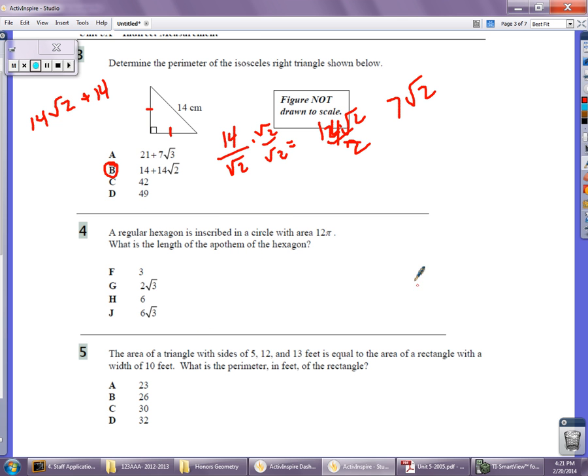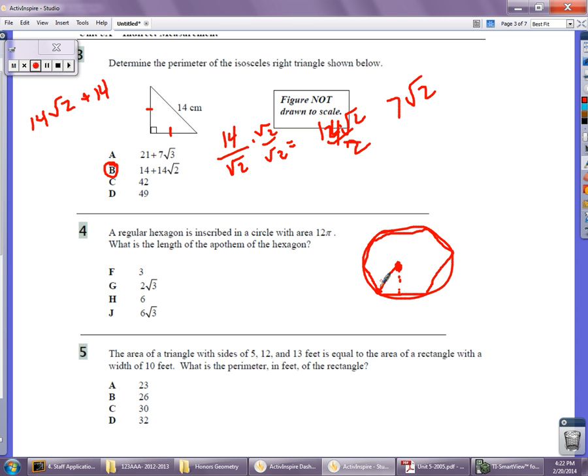A regular hexagon is inscribed in a circle. So the reason why that was important is that the apothem would be this line right here. But a line goes from the center of the circle to the vertex of the hexagon right here.